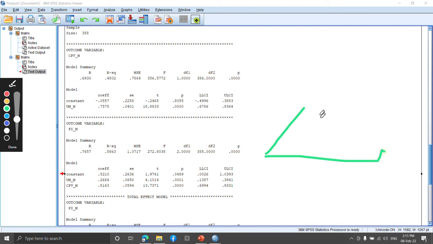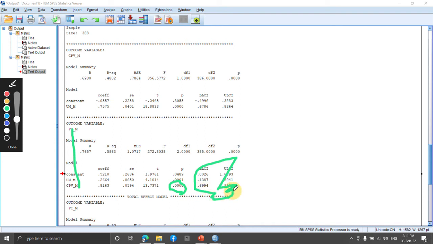Now you have to test this part, CPV and PI. It's very clear, this also is significant. Why? P value is less than 0.05 and these two values have plus signs. Clear.